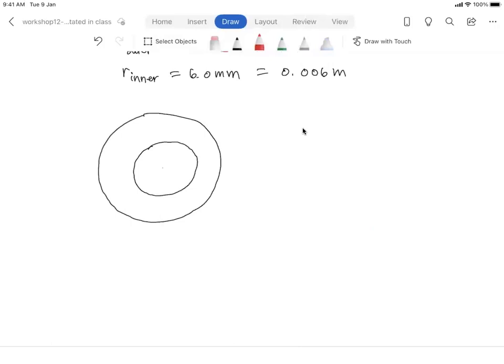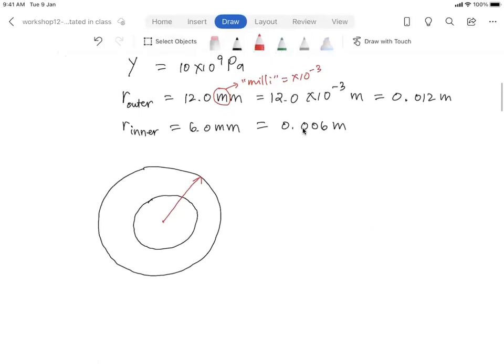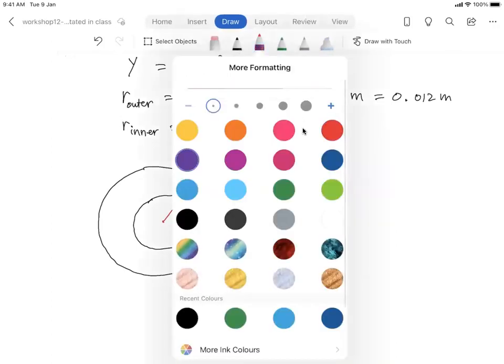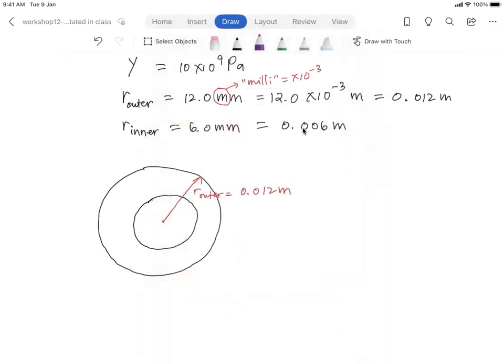The outer radius of this hollow cylinder, which models the bone, is R outer, 0.012 meters, and the inner radius R inner is 0.006 meters.